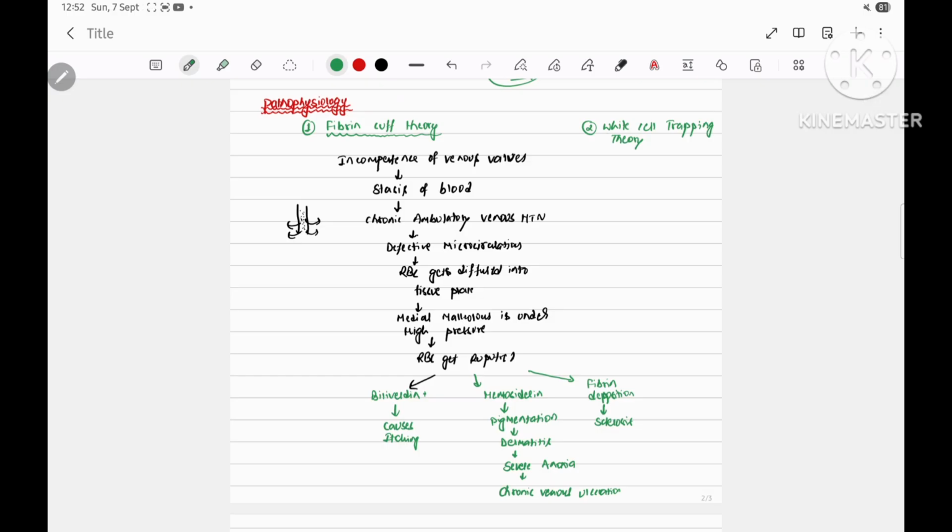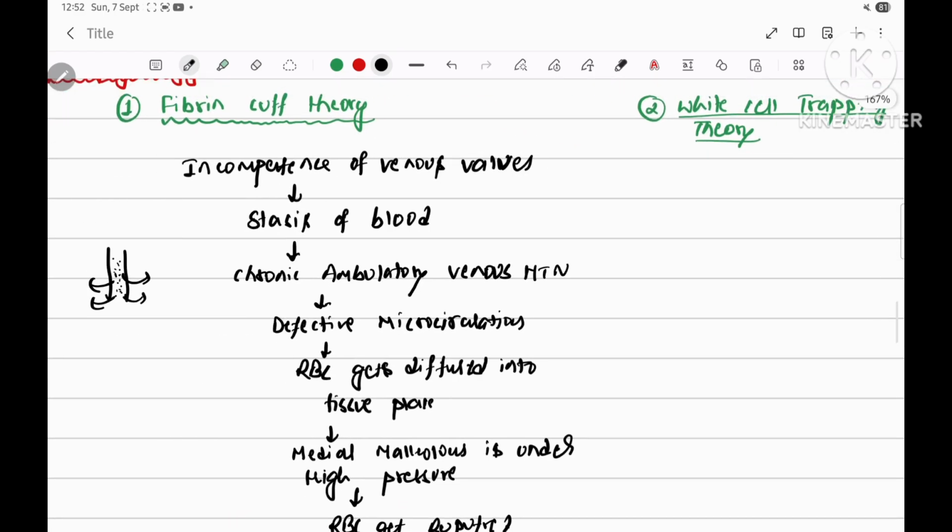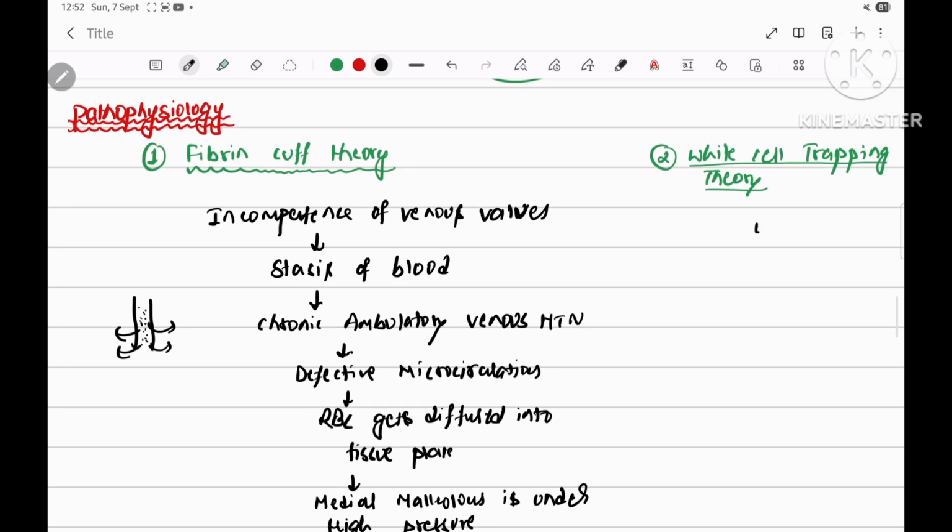Now talking about the white cell trapping theory. In the white cell trapping theory, the white cells are trapped. When the WBCs get trapped, they start releasing proteolytic enzymes, and the proteolytic enzymes which are already present there get activated.